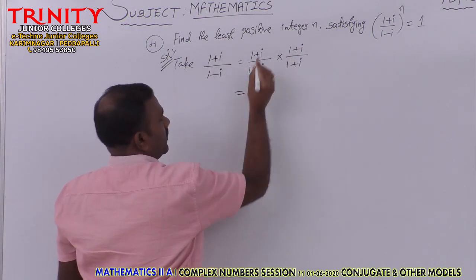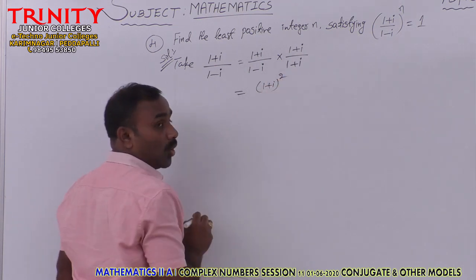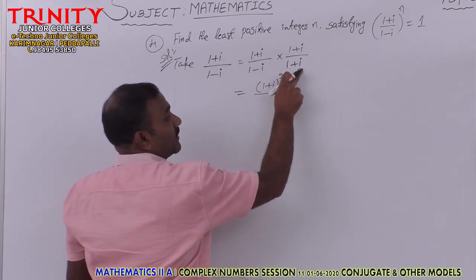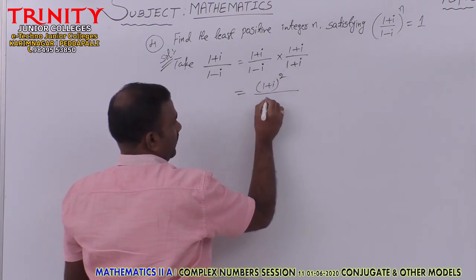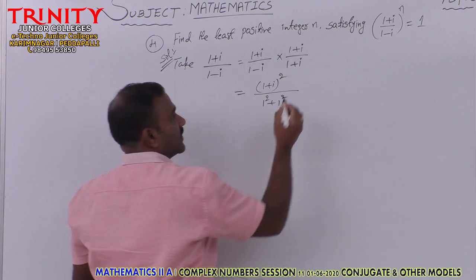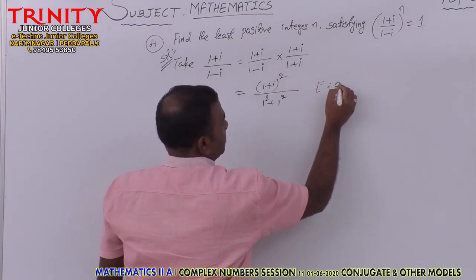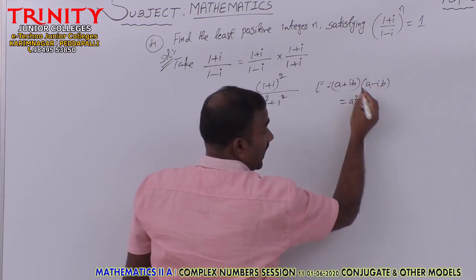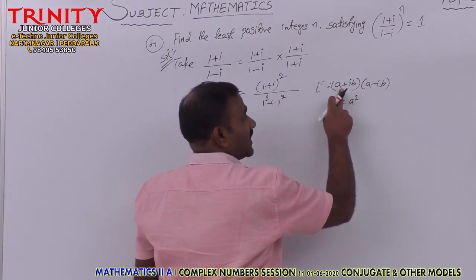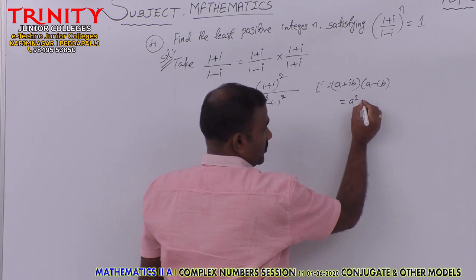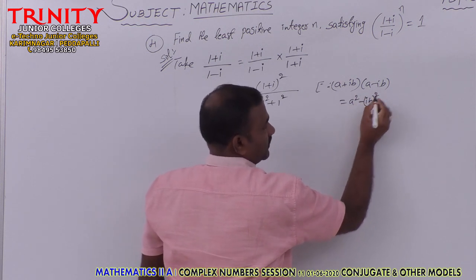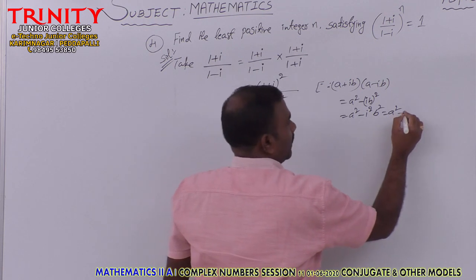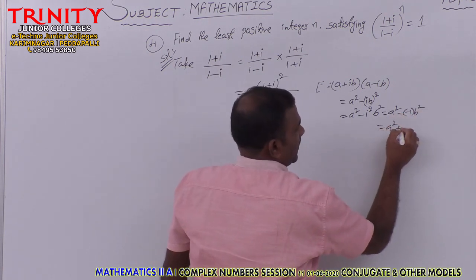Therefore, the numerator is (1 + i) whole square, divided by the denominator (a − ib)(a + ib), which is a² + b². Why? Because a + ib into a − ib is originally a² − (ib)², which is a² − i²b². Since i² is −1, minus of minus makes it a² + b².